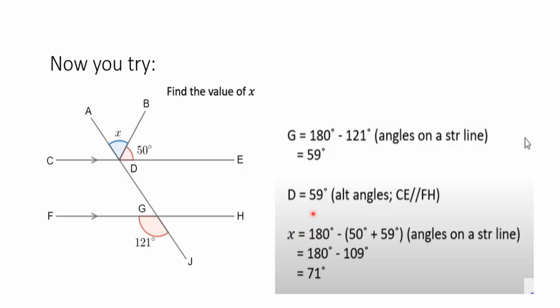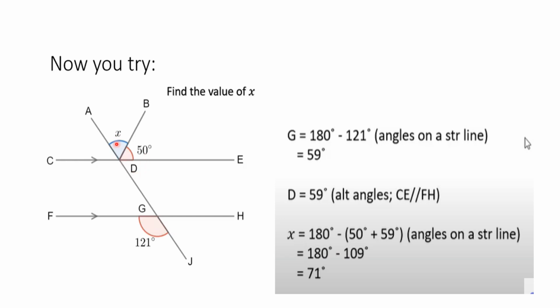And learners, remember that when you talk of alternate angles, you must always indicate the parallel lines, CE parallel to FH. So now because we have angle D as 59, and on that straight line where we have angle X, we'll be having letter X, 50 degrees and 59 degrees.